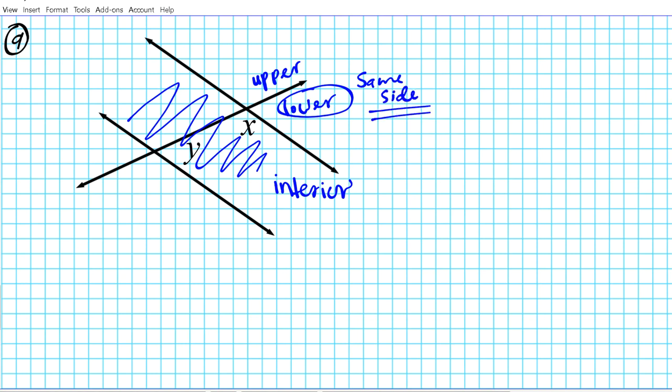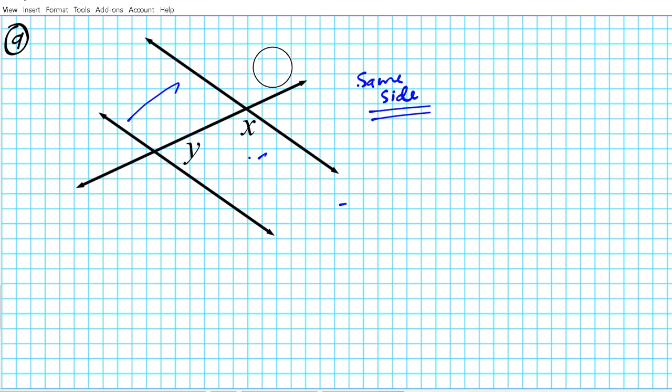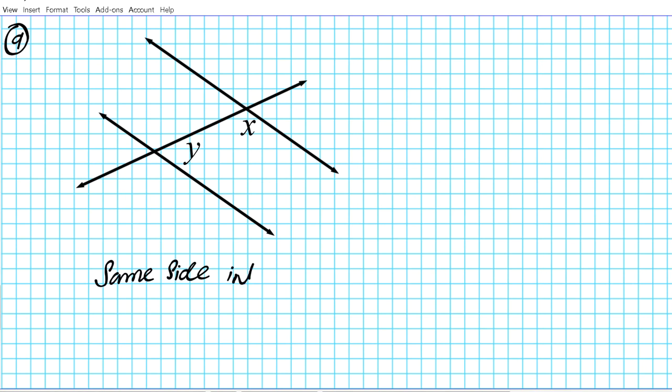So if you put these two words together, you know exactly what the relationship is between these two angles. Angles X and Y are same side interior angles. Okay, same side interior angles. So that's the relationship between angles X and Y.